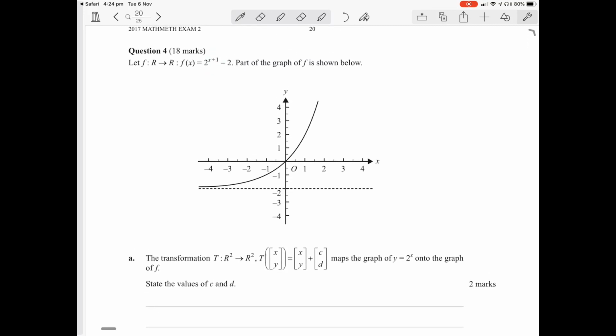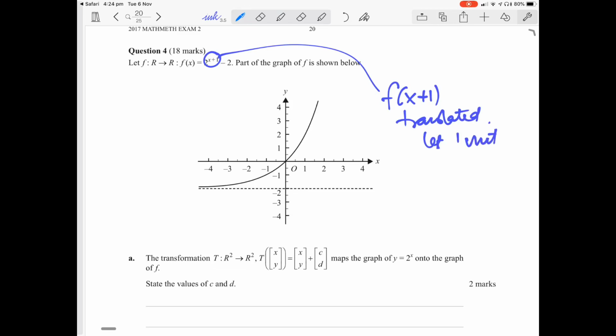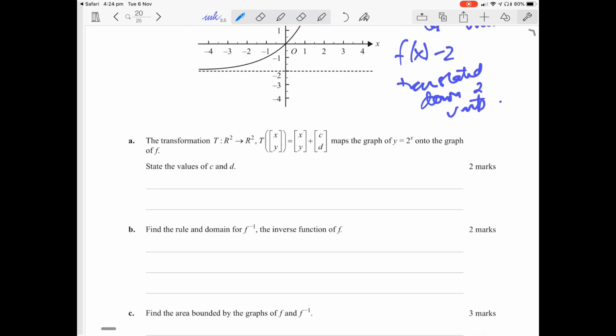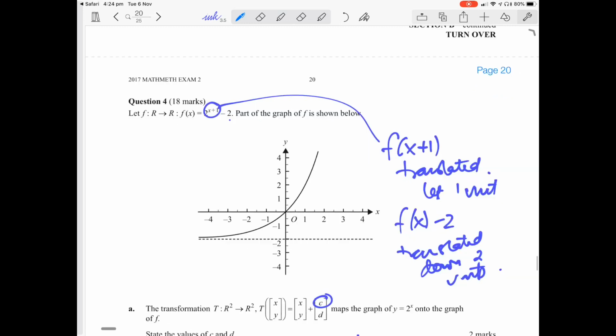So if we look at this, f of x plus 1 is translated left 1 unit, and then minus 2 is f of x minus 2. That's translated down 2 units. Okay, so if it's moved 1 to the left, c is negative 1, and if it's moved down 2, d is equal to negative 2. Find the rule and domain for the inverse function of f.